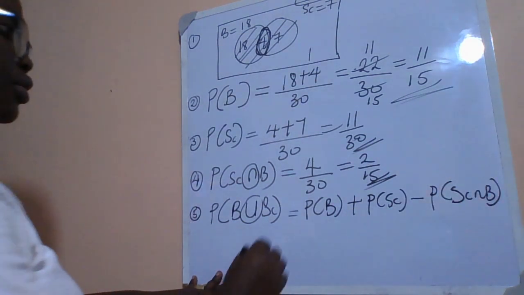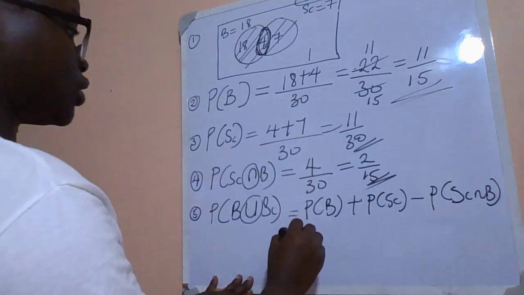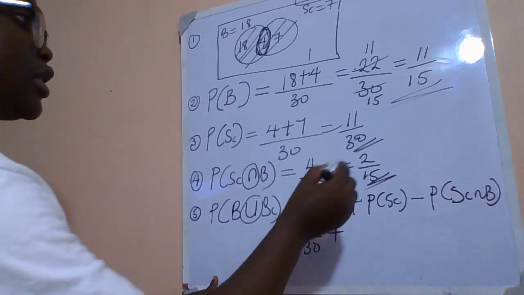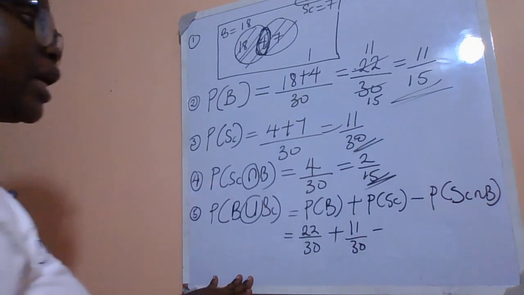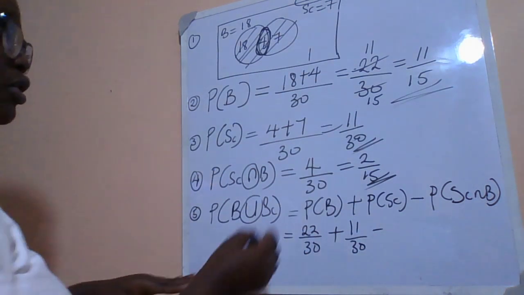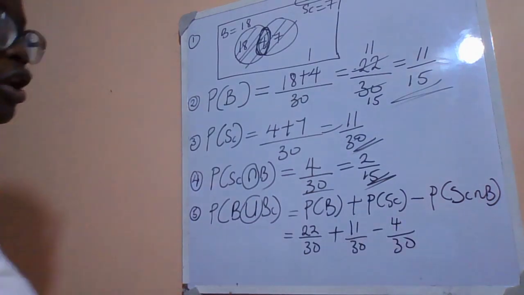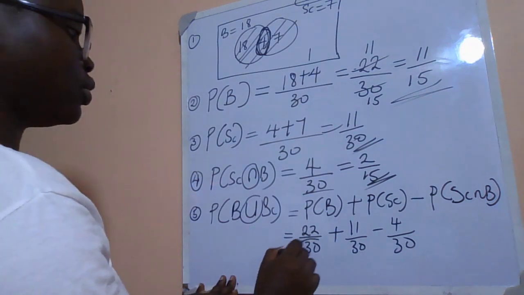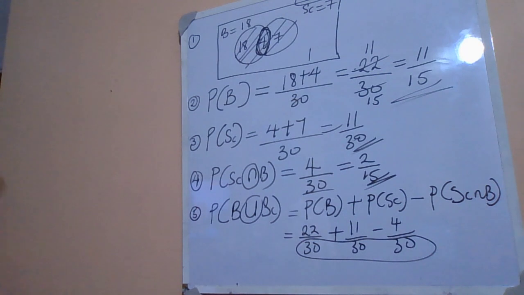Are we good? Great. So what is the probability of biology? That is 22 divided by 30 plus probability of science is 11 divided by 30 minus probability of science and biology is 4 over 30. Luckily for us, they all share the same denominator, which is 30. So this will be very easy for us to solve.